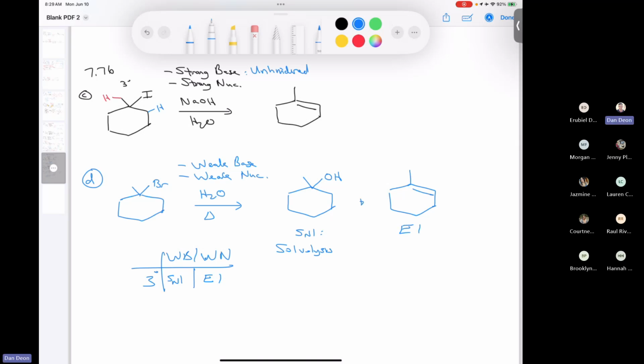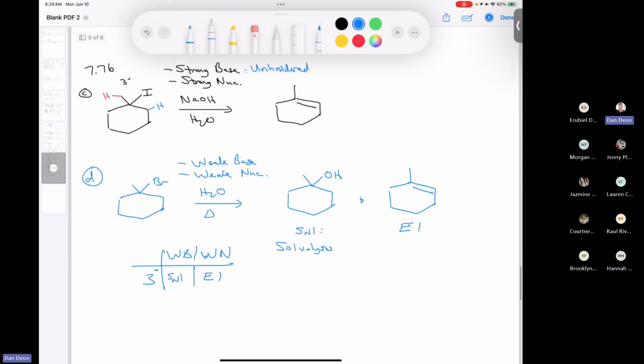Now, we do have to make a choice here about which one is the major product. If you remember, I mentioned this when we went over SN1 and E1. I can't remember exactly the way they put it in the textbook, but we looked at the reaction coordinate diagram, and it had potential energy, and it had the reaction coordinate like this. So it had something that went like this, and then another pathway that went like this or something like that.